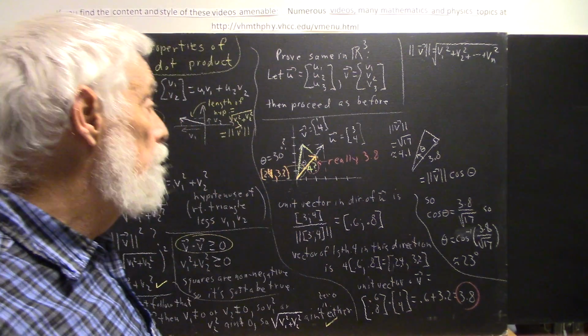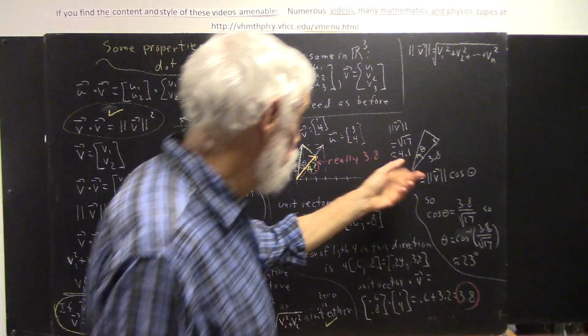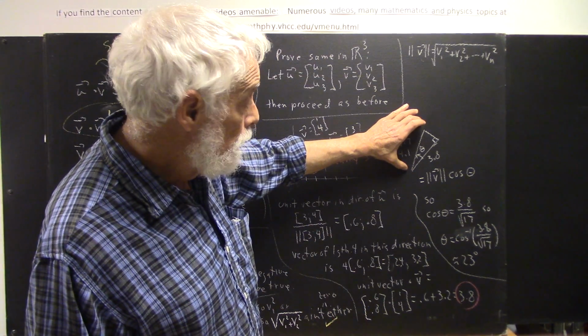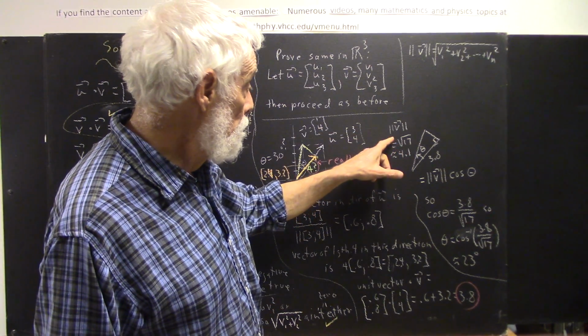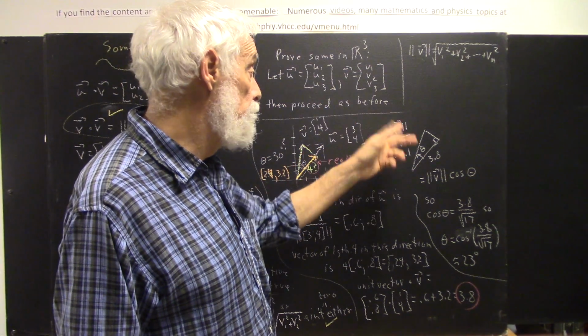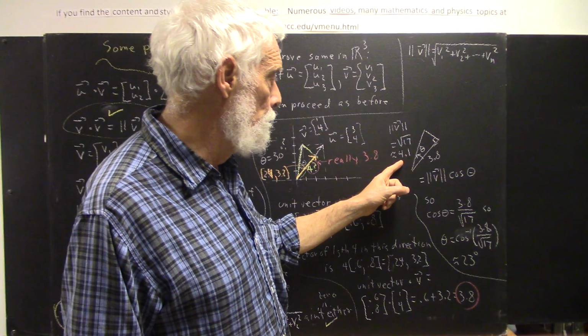From this, we can also calculate the angle. Now, this isn't a completely accurate calculation, but the length of this side of our triangle is the magnitude of our v vector, which is the square root of 17, pretty close to 4.1.